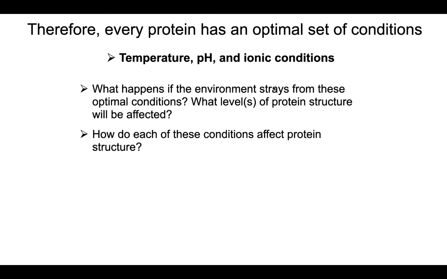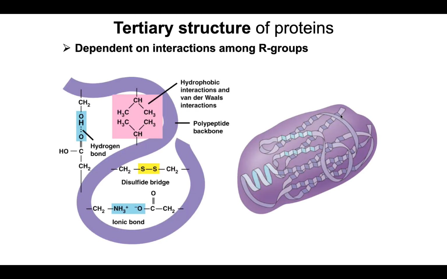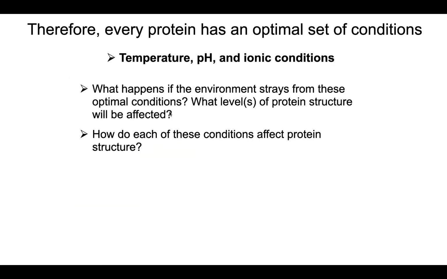So let's think about this. What happens if the environment strays from these optimal conditions? What levels of protein structure will be affected? Well, any structure of the protein that depends on weak interactions is going to be affected. So the quaternary structure, the tertiary structure, and the secondary structure of proteins will all be affected when the environment strays from those optimal conditions.